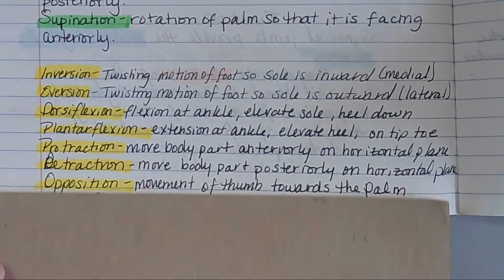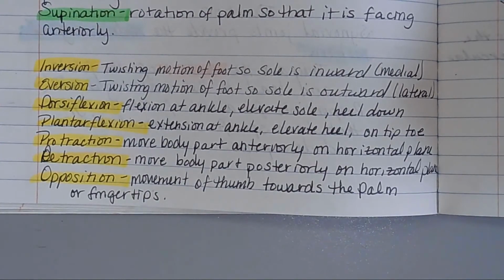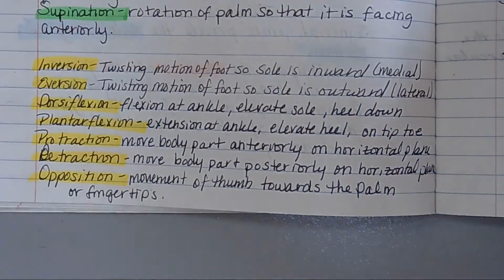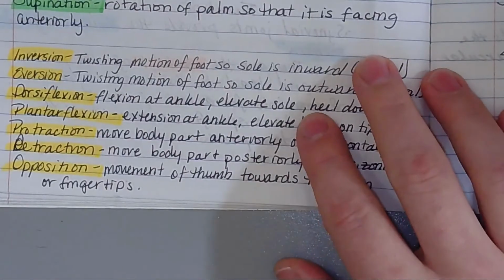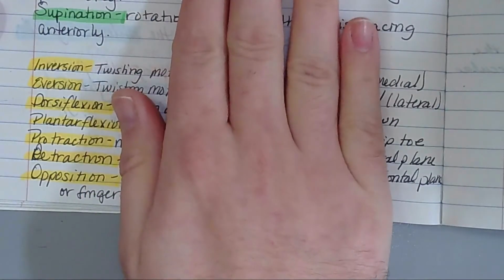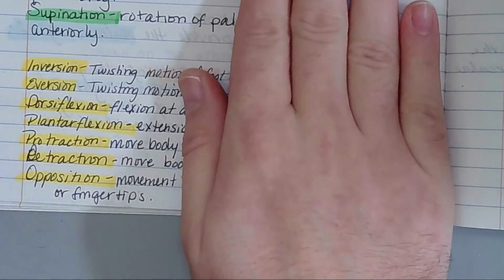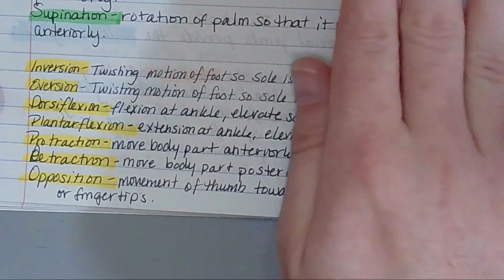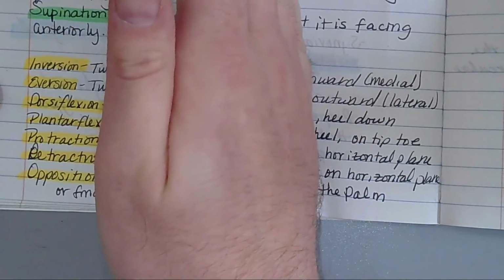And then our last types of motion here are all examples of specialized motion. Most of these deal with what's happening in your hands and your feet. Let's see if I can zoom in a little bit. First is inversion and eversion. This is with your foot. If we pretend that this is my foot as a whole, looking at the top of my foot, with inversion what we're doing is taking the sole of our foot and facing it inward.